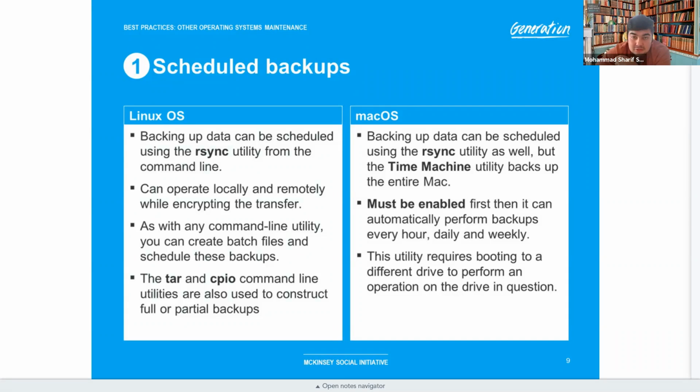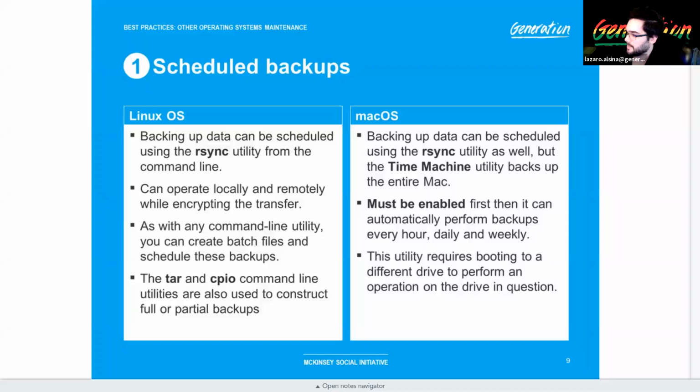Then it can automatically perform backups every hour, daily and weekly. Oh, sorry guys, there we go, it came back. Sorry about that. This utility requires booting to a different drive to perform operations on the drive.